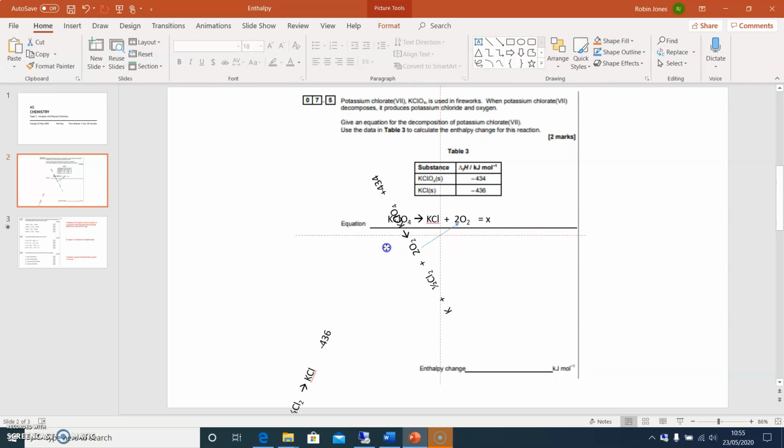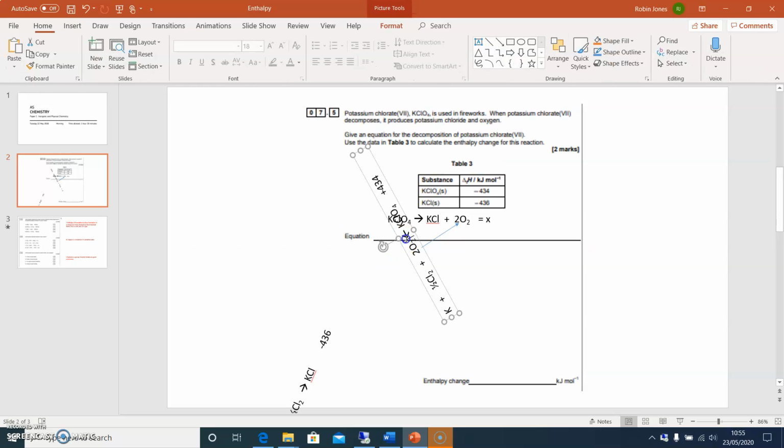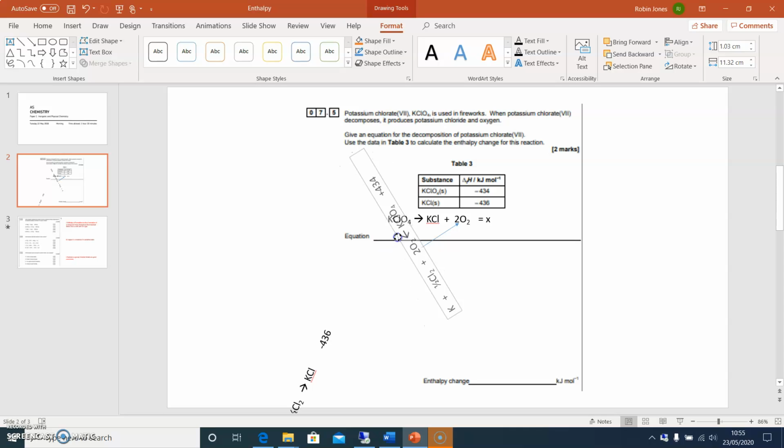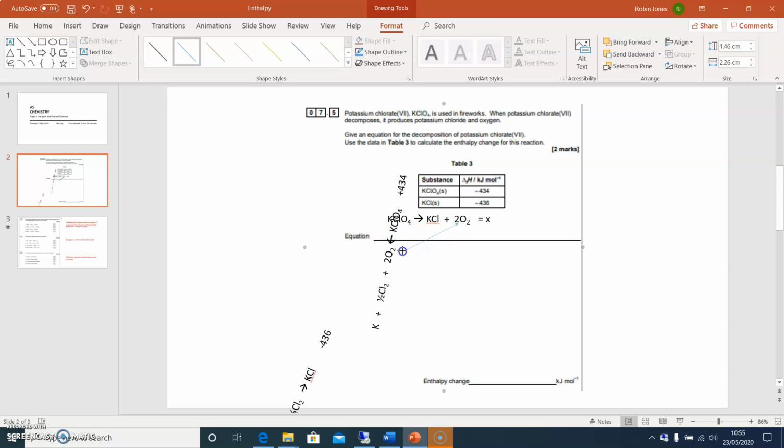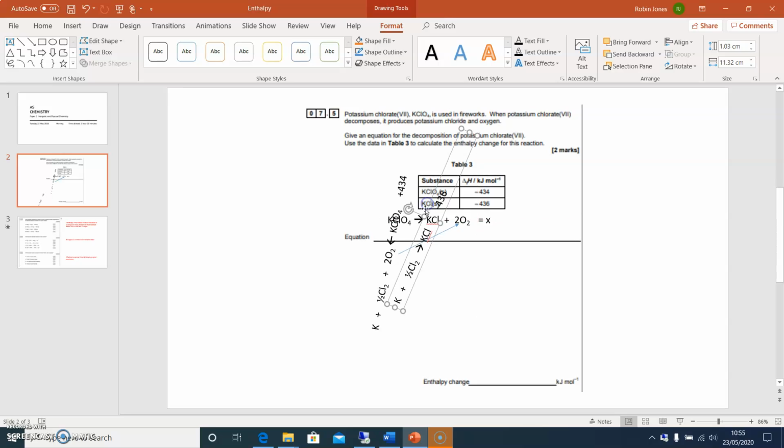Let me just turn this one round a little bit. That one's a match to that one. K and half Cl2 go to the KCl there. That's a perfect match. So that's going on to the KCl, that's coming from K and half Cl2. That is a perfect match across there.